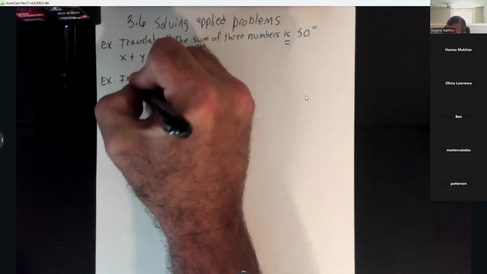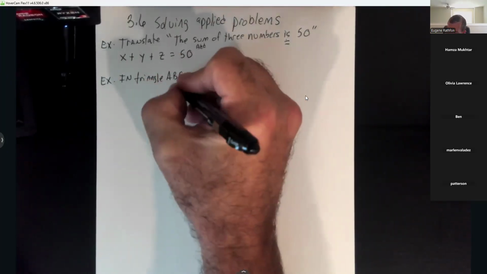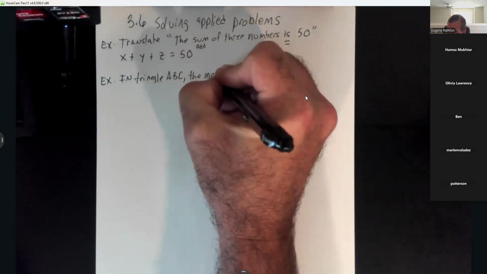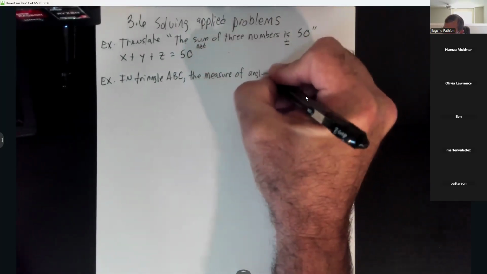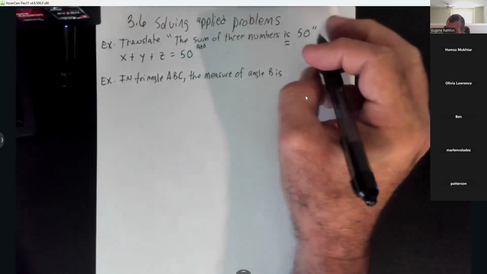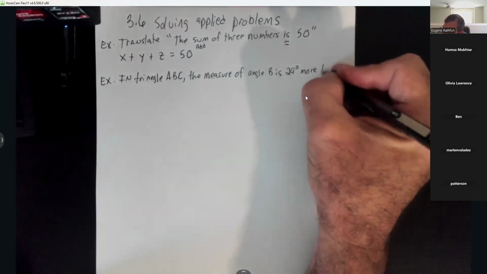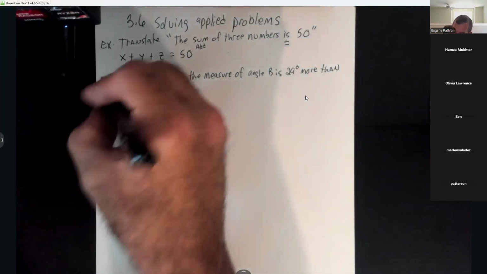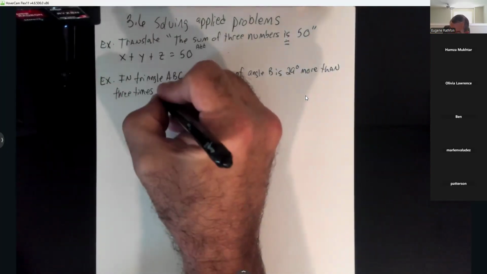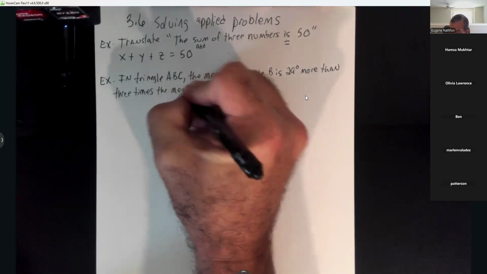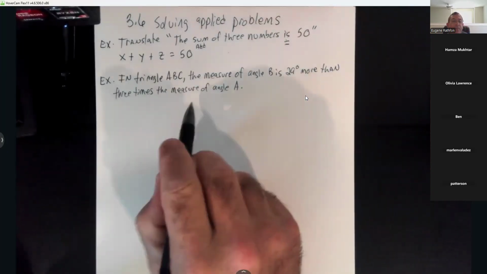In triangle ABC, the measure of angle B is 29 degrees more than 3 times the measure of angle A. So there's my first sentence.